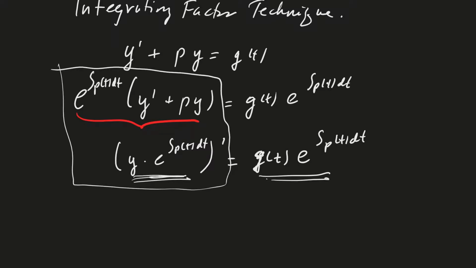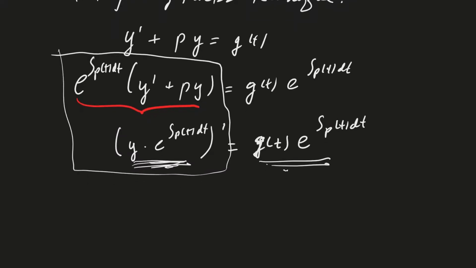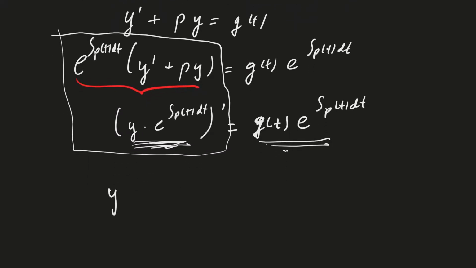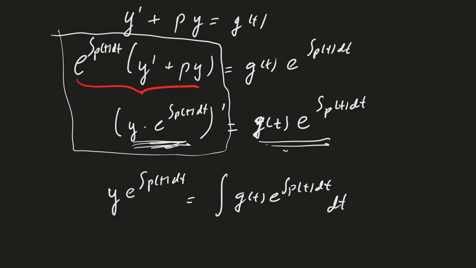Because once you have that the derivative of an expression is a function of t, how do you solve for that expression? You integrate it. And now at this stage you can solve this for y. Good. So let's see how this works in practice.